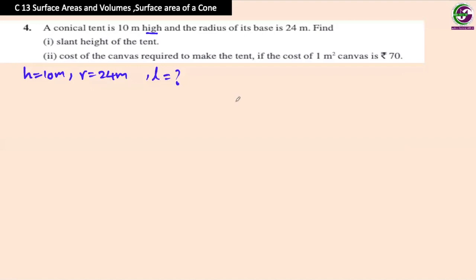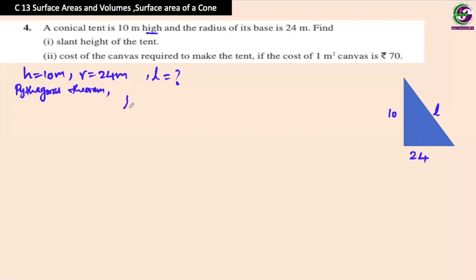So by Pythagoras theorem, square of the hypotenuse is equal to the sum of the squares of the other two sides, which is 100 plus 576, which is equal to 676.